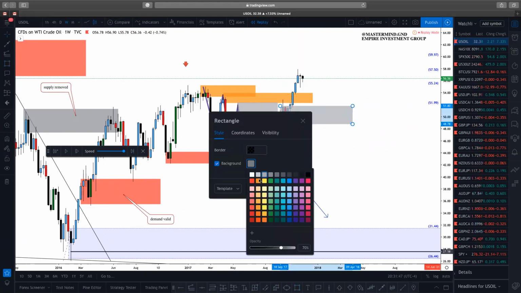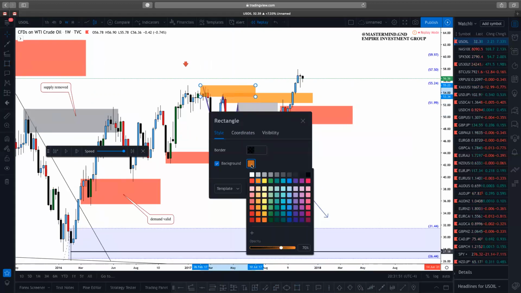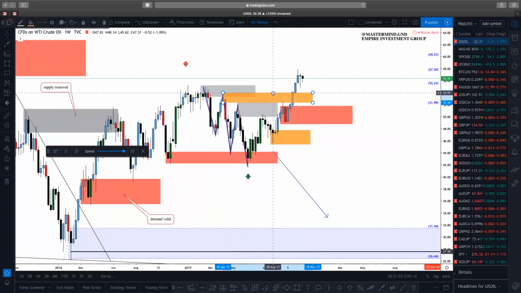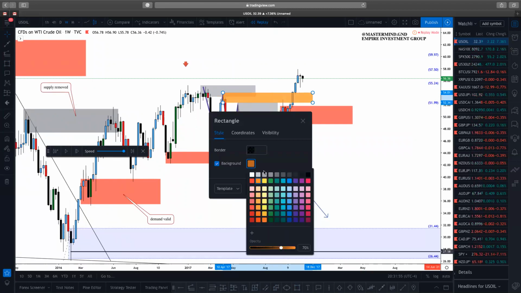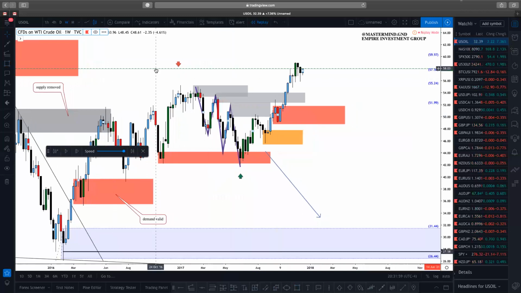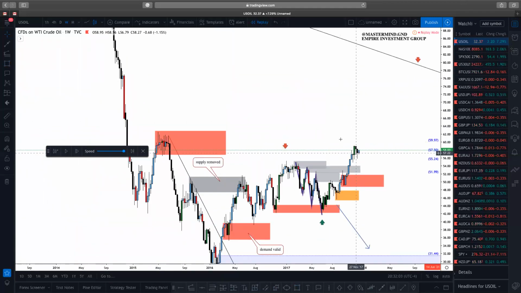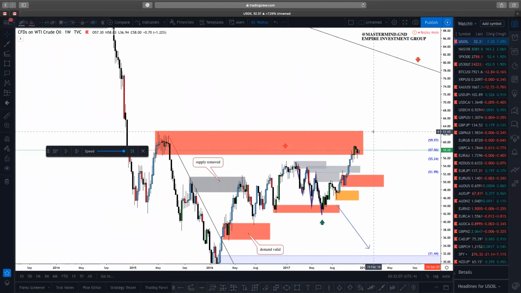So we're gonna put these removed zones in gray. And take into consideration, we still have this zone right here.